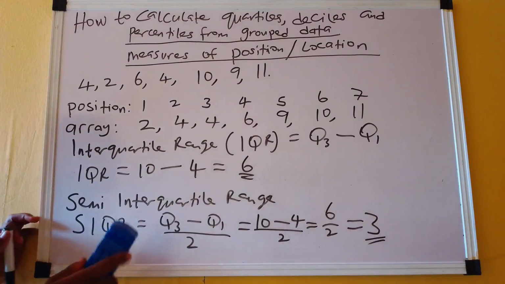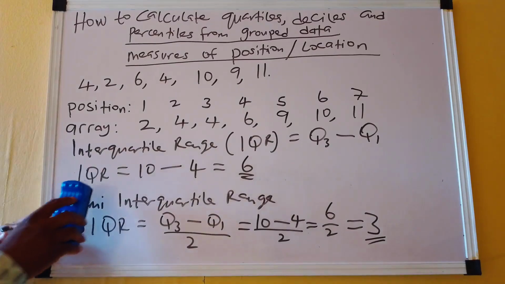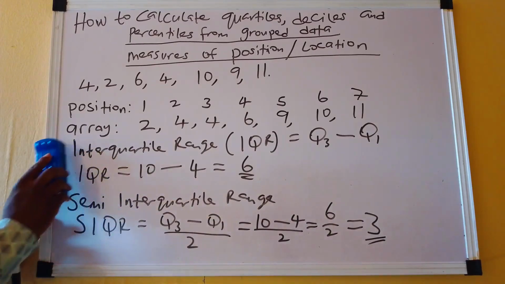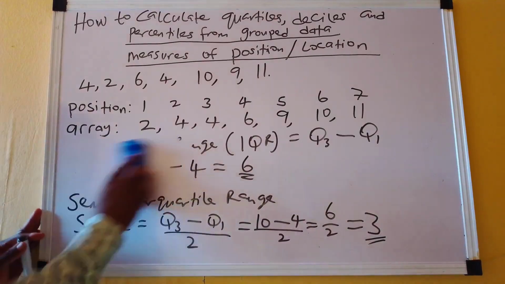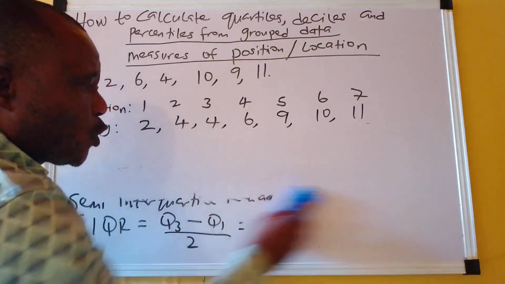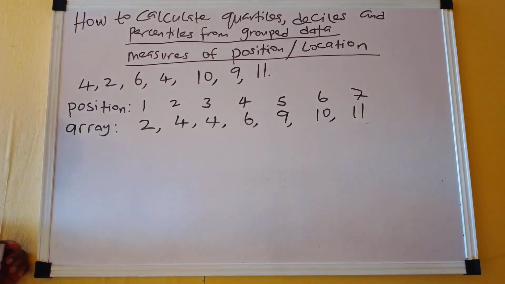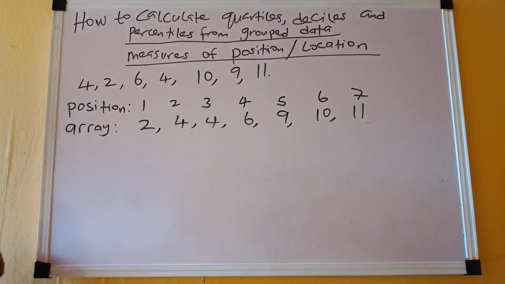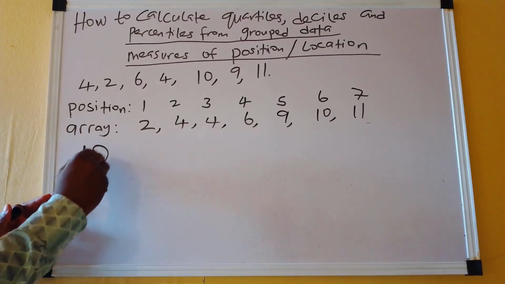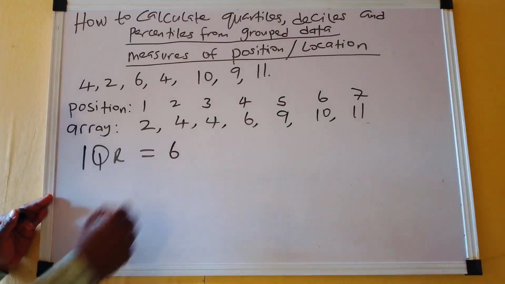Now this is how you detect outliers using the interquartile range. Note our interquartile range is 6. From this data set we can check if there is any suspected outlier. So our interquartile range, IQR, is equal to 6.